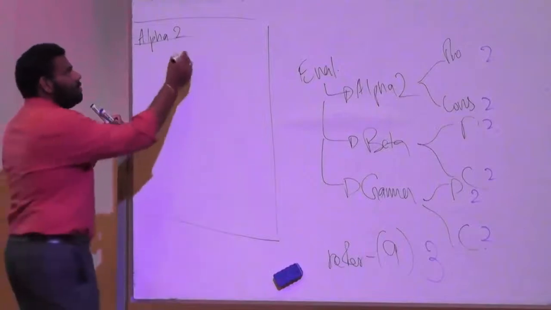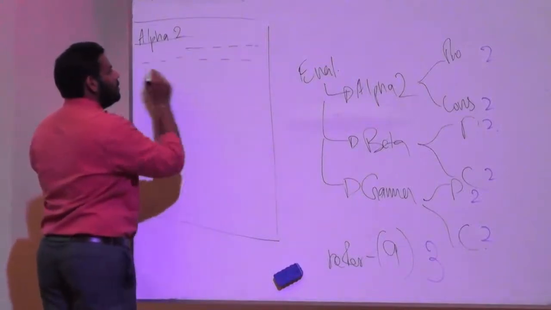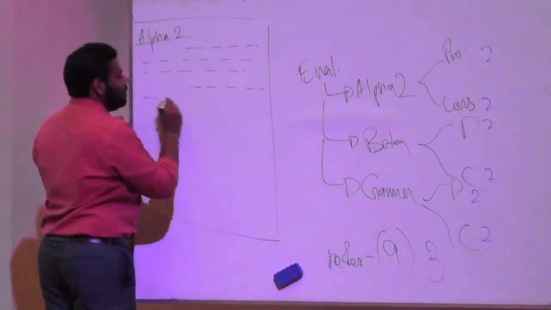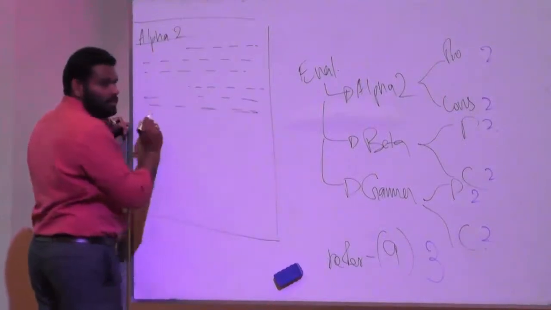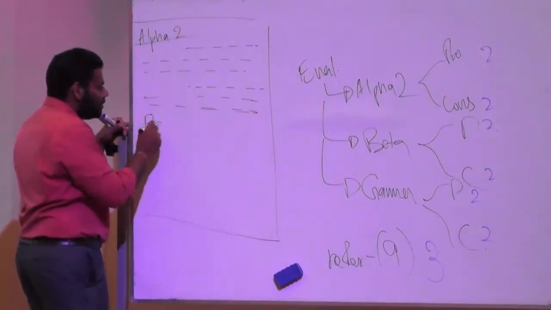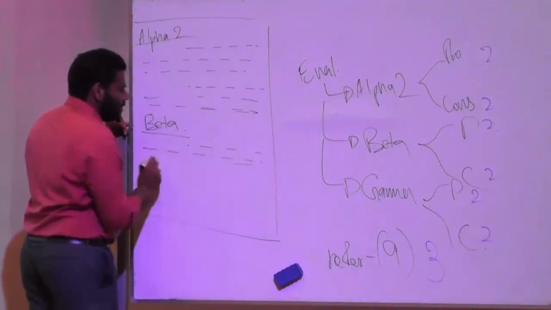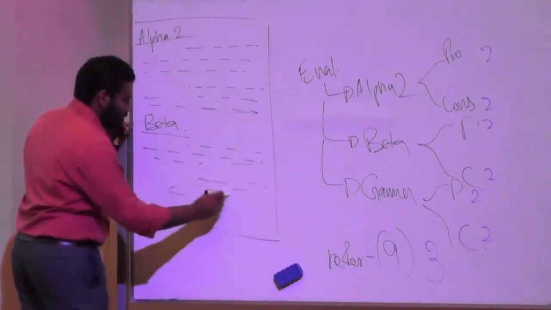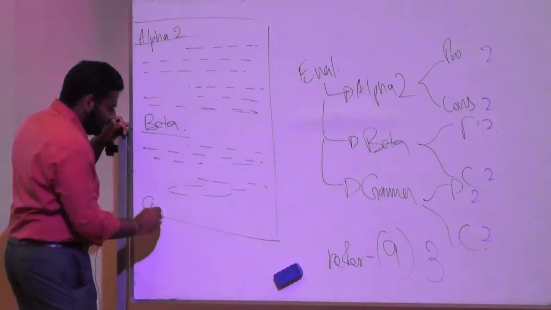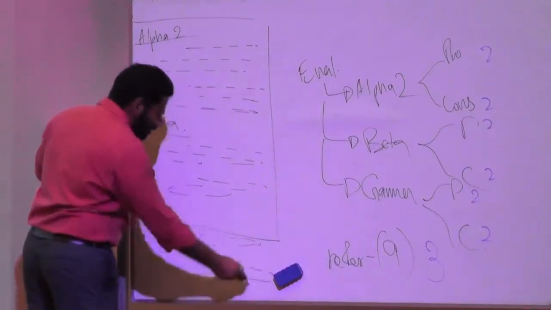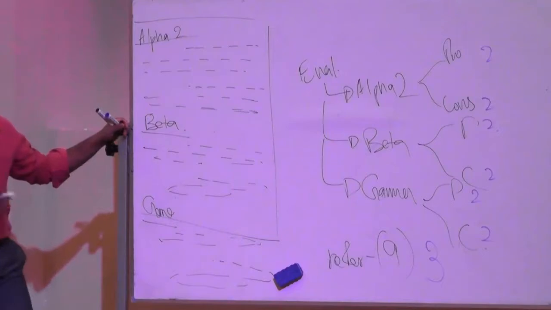Now, the first paragraph talks about the benefit. You leave one line, second paragraph talks about the disadvantages. Then you say beta, and then first paragraph on that, second paragraph on that, and then the last one is gamma. Same story, first paragraph on the advantages, second paragraph on the disadvantages.